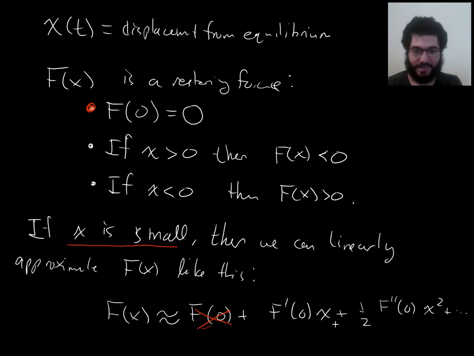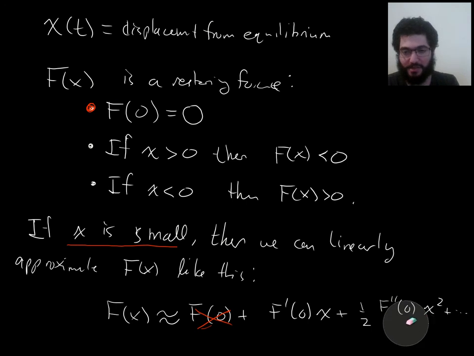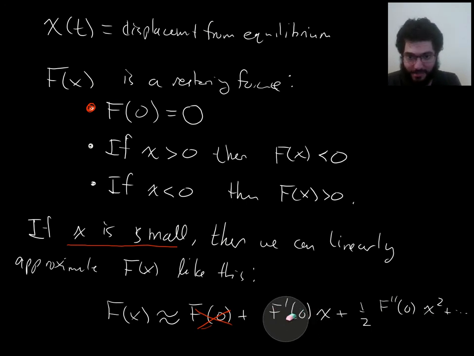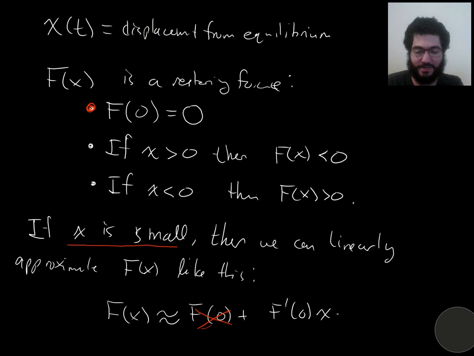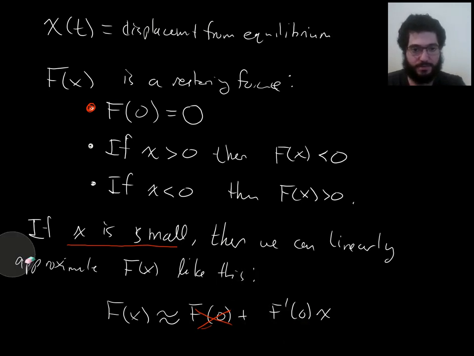If x is something like 1/1000th, then this term is multiplied by x squared, which is 1/1,000,000th, right? And adding a 1/1,000,000th type thing to a 1/1000th type thing is going to have a negligible effect. It'll go away in your rounding or whatever, right? This is not even going to matter. So this approximation is good if x is small.